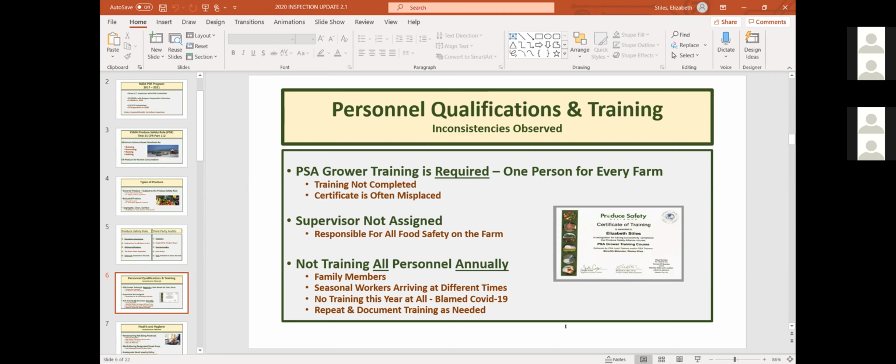The produce safety rule states that there should be a supervisor assigned for every farm who's responsible for all the food safety. And we found issues with training personnel. In a lot of cases, they were not well trained. We had the grandpa, the aunts and uncles helping. So anyone who's handling the covered produce needs some training.